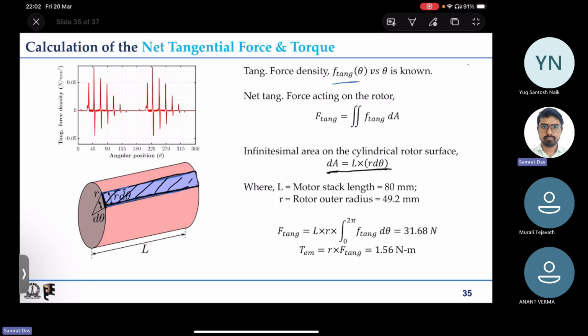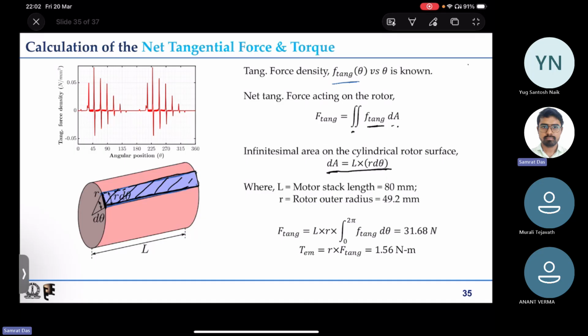Now some tangential force density gets applied on this area, so the net tangential force will be the surface integration of F tangential into dA.